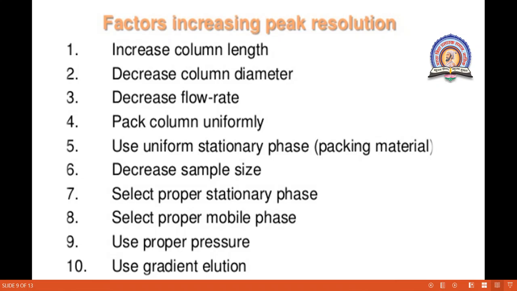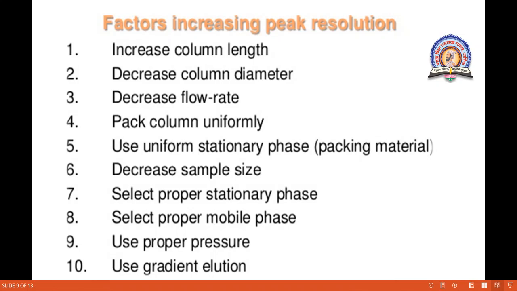Decrease flow rate. Mobile phase is continuously flowing on the stationary phase. So if we decrease the flow rate, then we also get the good peak resolution. Okay. Then pack column uniformity.